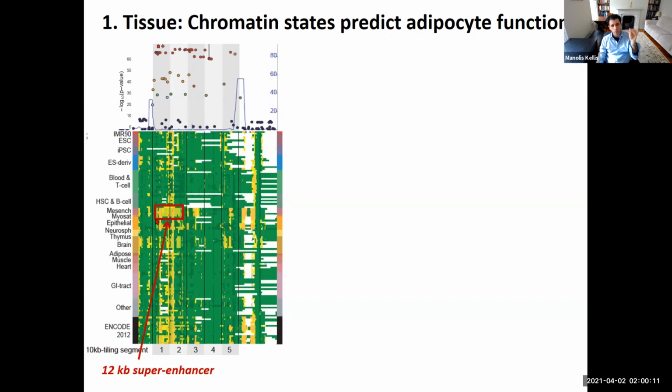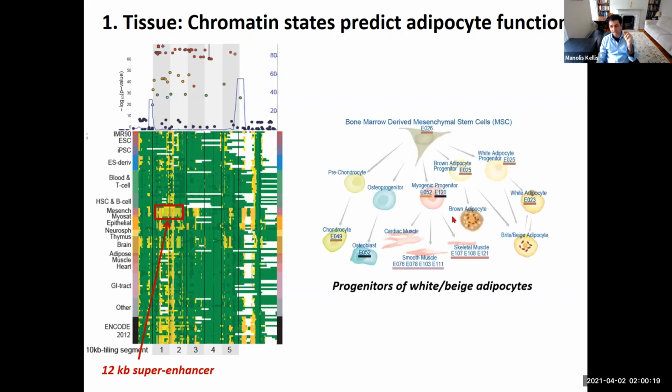But this is 12,000 nucleotides. It's a master regulatory control region. And it sits exactly in this region of association, and it acts in the progenitor cells of white fat cells and beige fat cells. It's associated with obesity, and it turns out that it decides whether your fat cells differentiate into fat storing cells or fat burning cells.